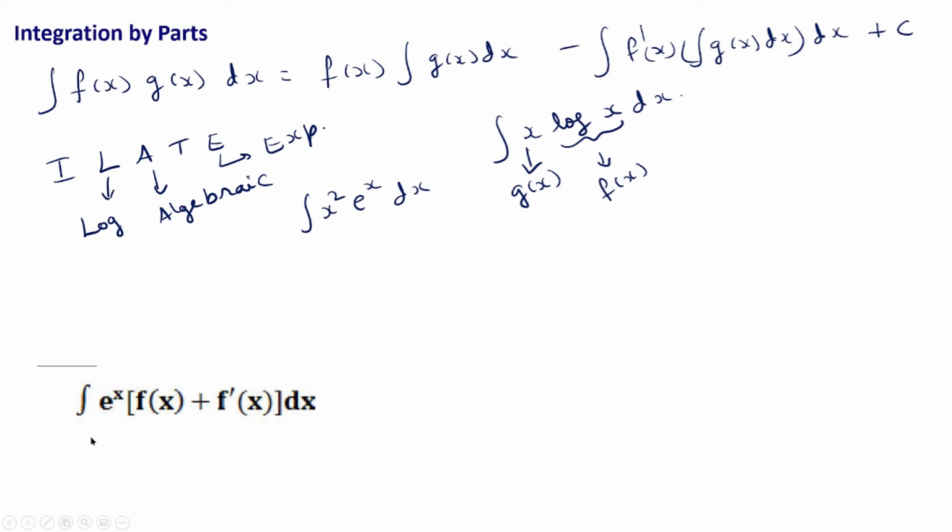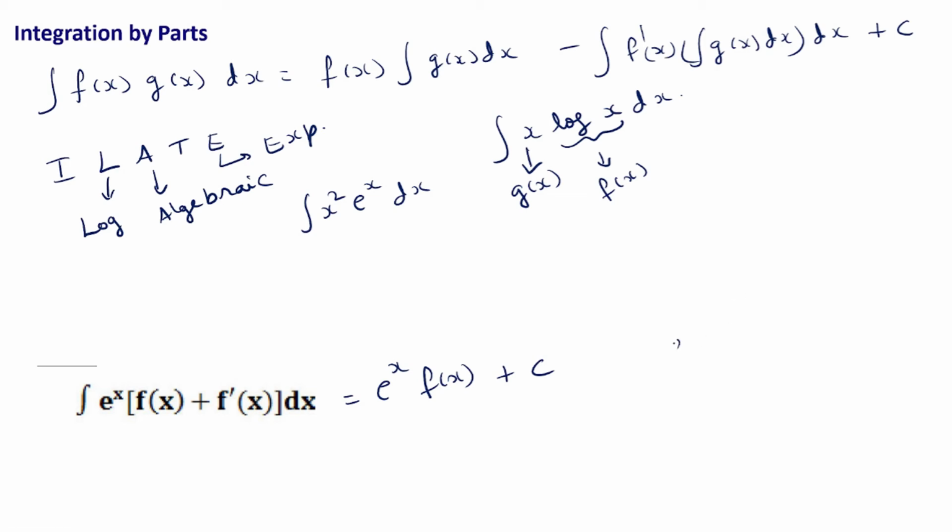If we have an integral of the form e raised to x into f of x plus f dash of x dx, then the integral of such a function is equal to e raised to x into f of x plus c. So if you are able to write the given integrand in the form e raised to x into f of x plus f dash of x, then we can find the integral of such a function as e raised to x into f of x plus c.